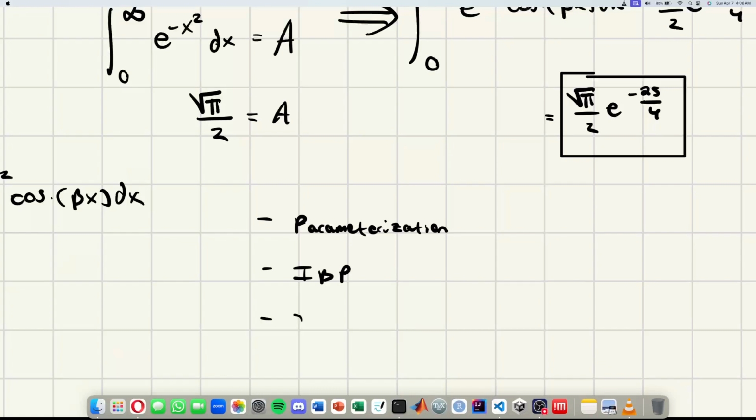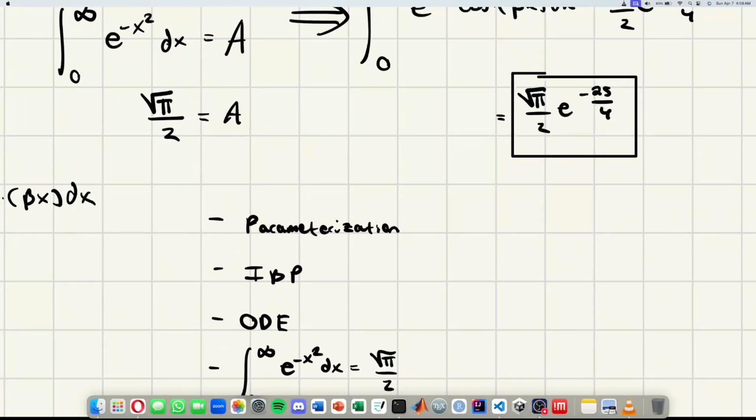We saw an ordinary differential equation. And we saw the Gaussian integral. So we saw four different things from calculus, really. Oh, and I guess technically we saw partial derivatives. That's from multivariable calculus.